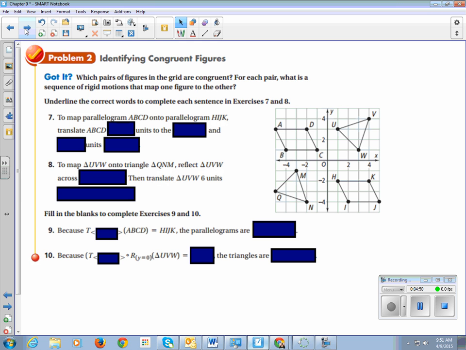So to map parallelogram ABCD to parallelogram HIJK, we need to have rigid motions. So we're going to move A, B, C, D, let's see, we would have to move it 1, 2, 3, 4, 5, 6 units to the right, and 1, 2, 3, 4, 5 units down.